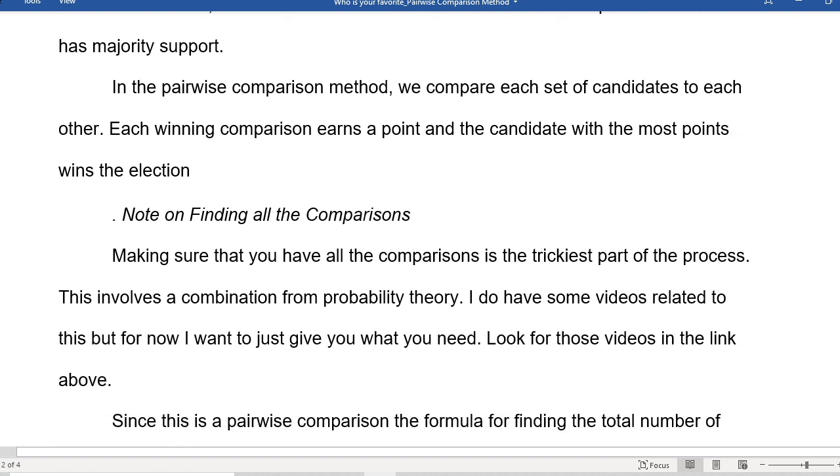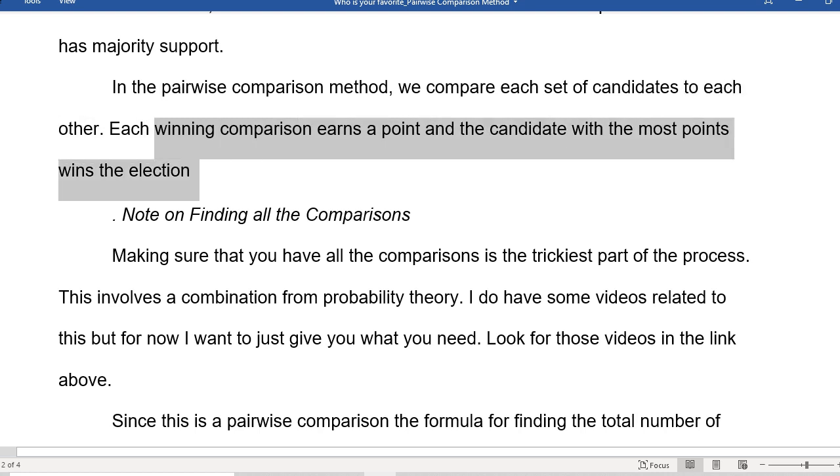So in the pairwise comparison method, basically what we do is we compare each of the candidates head to head to each other, okay? Winning a comparison earns a point, and the candidate with the most points wins the election.